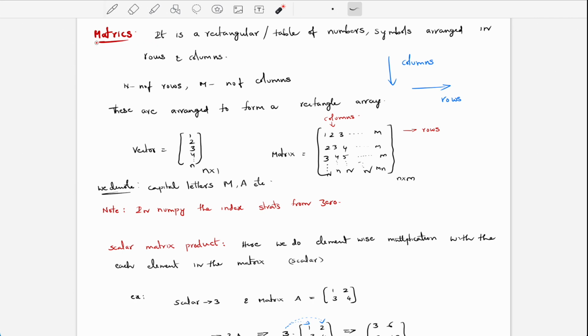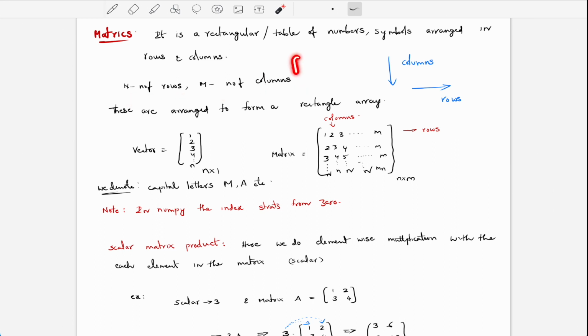So what do you mean by matrices? It's just a rectangle or a table of numbers arranged in rows and columns. There are n number of rows and m number of columns.